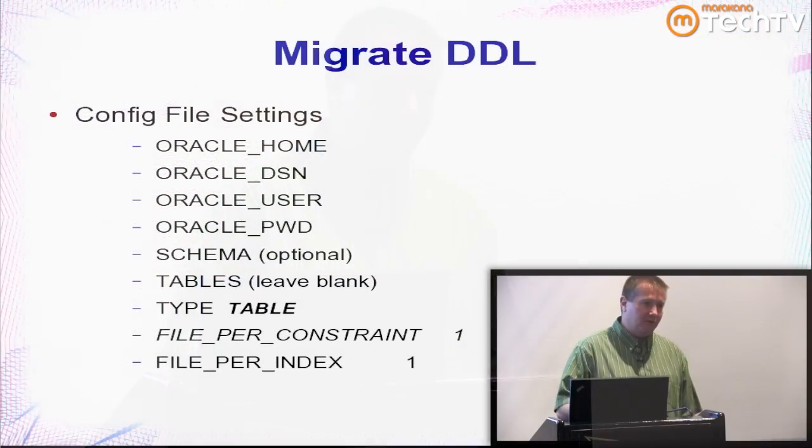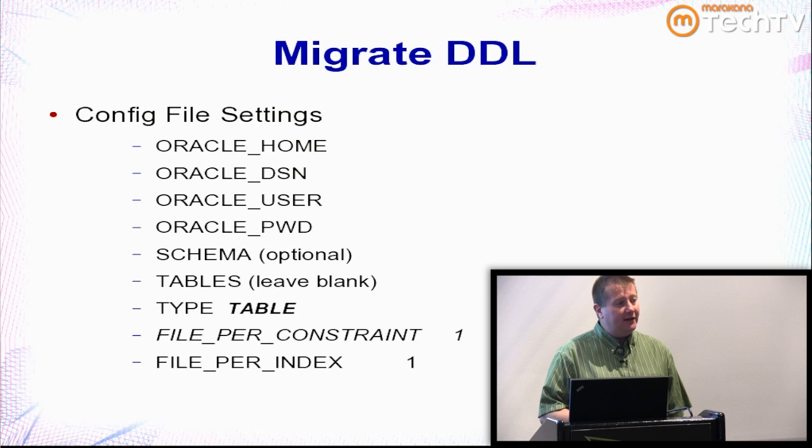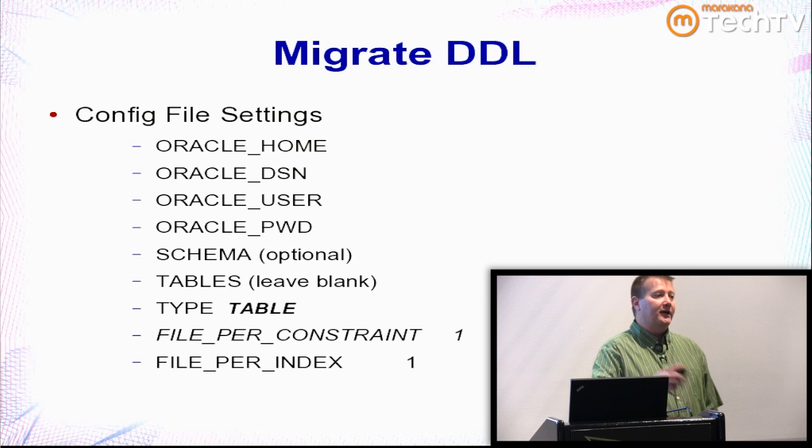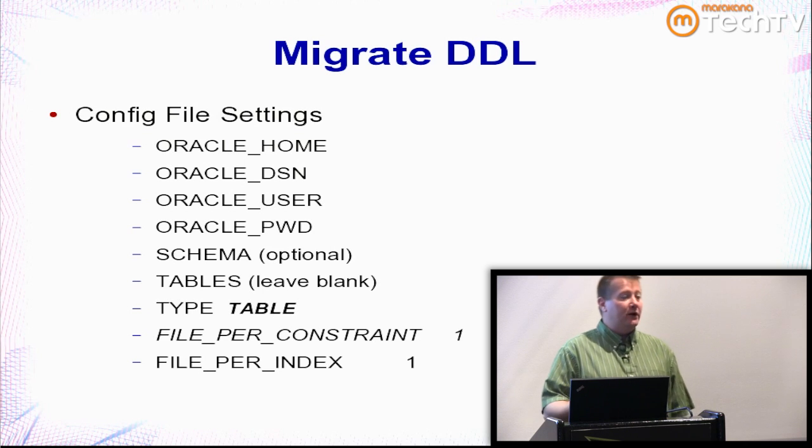In this case, we would set file per constraint and file per index both to 1. So what we would end up with is an output.sql file with all the create table statements, and then per table, a file with all of the alter statements and a file with all the create index statements. That made it pretty easy to walk through, do a quick review of the DDL, make sure it looks appropriate, and then execute the create table portion of it against the Postgres database.